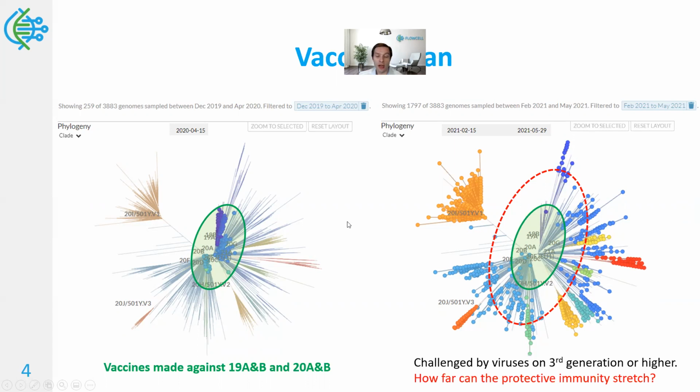But of course, the virus keeps moving. So now, as I've shown, we're talking about third or fourth generation viruses. They spread out distally from each other. So the ability of antibodies that are generated from sera of vaccinated people, for example, has shown limited effectiveness for Indian variants.